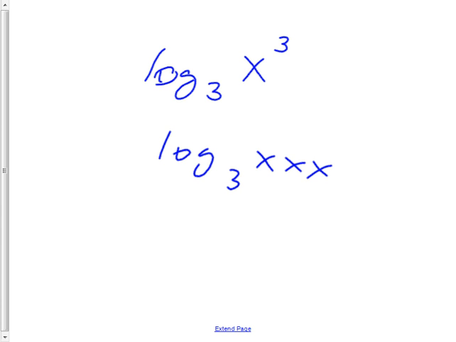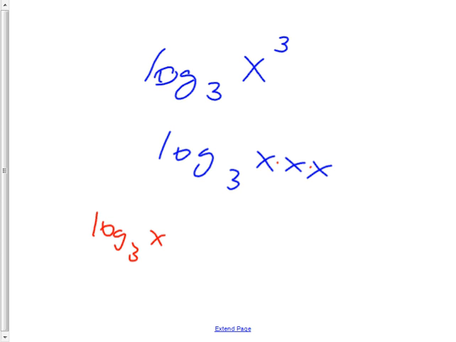If I had this log base 3 of x to the third, do you agree x to the third means the exact same thing as this? It does, that's what x to the third is. Then here's the kind of thing that's cool about logs: you can rewrite a multiply question like this as 3 separate logs.